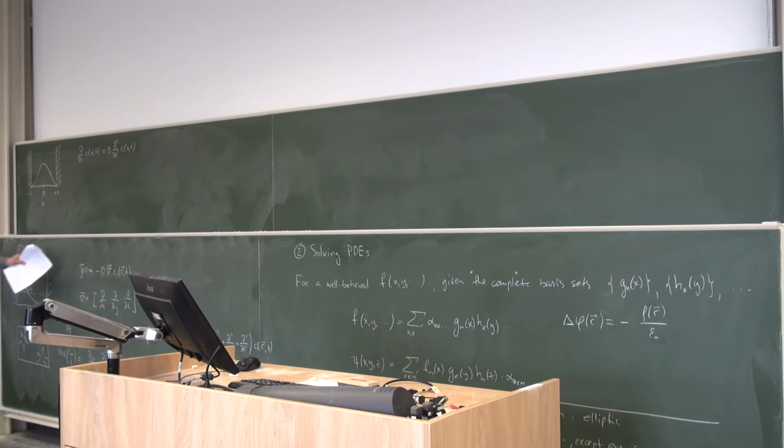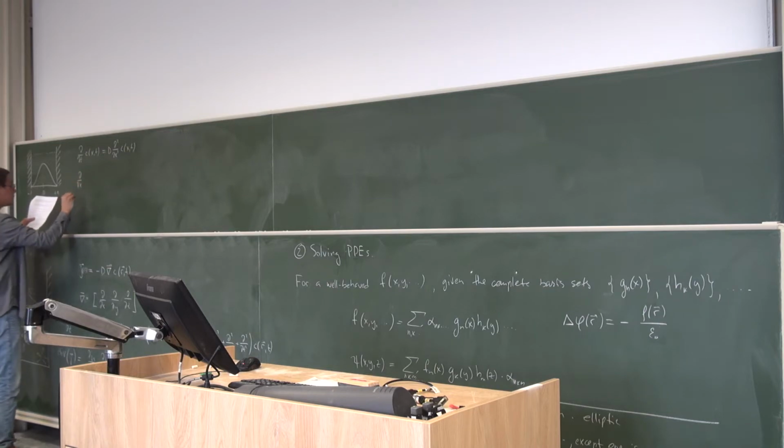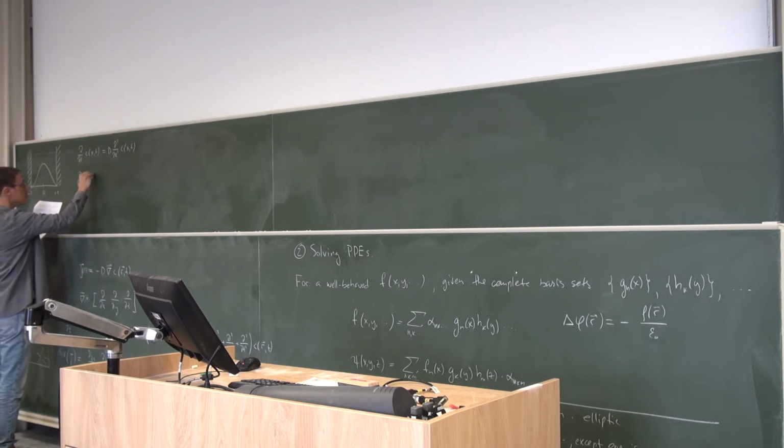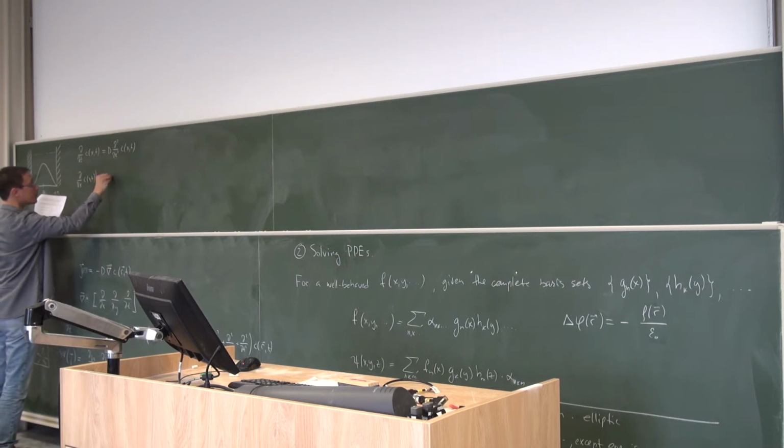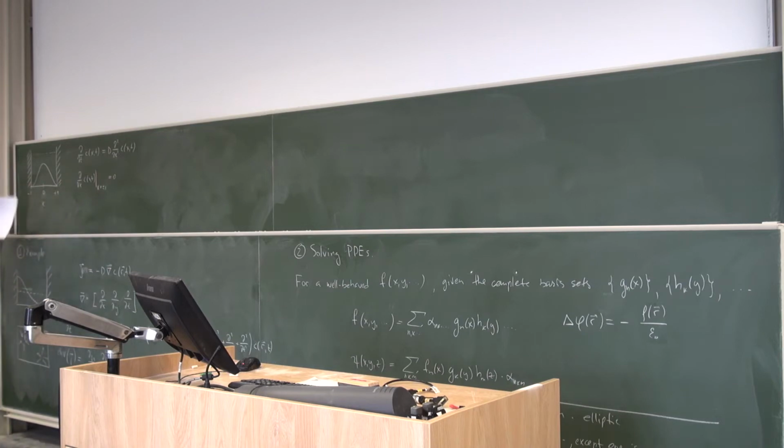But that means that if J is 0, the corresponding derivatives are 0, and therefore on both walls we have a zero first derivative condition. d by dx c of x, t at x equals ±1 must be 0. The derivative at the wall is 0.